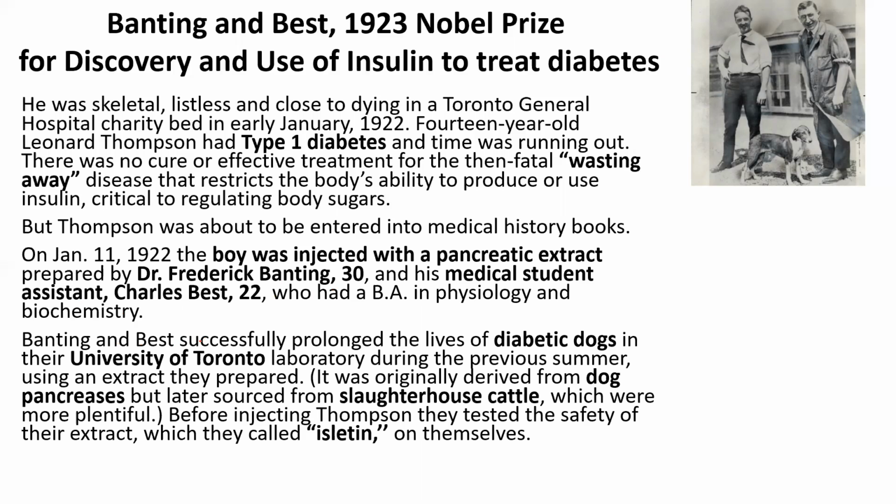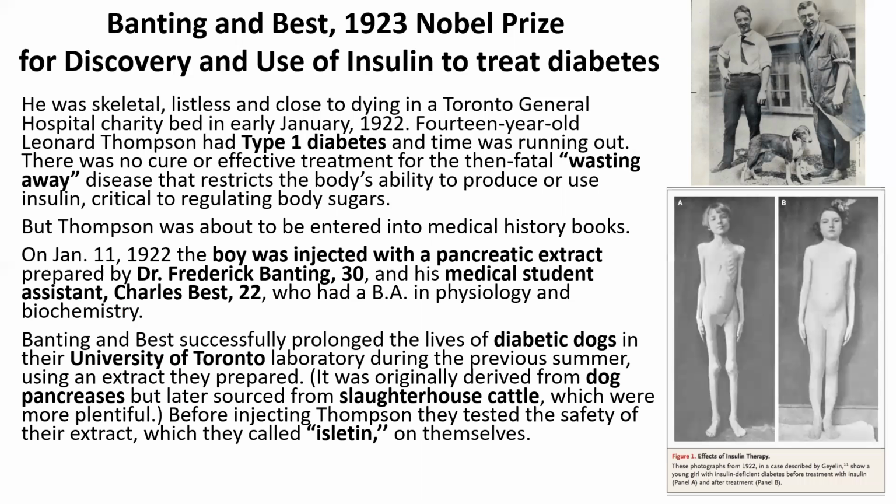Banting and Best successfully prolonged the lives of diabetic dogs at the University of Toronto, using extract they prepared. It was originally derived from the dog pancreas, but later sourced from slaughterhouse cattle, which were more plentiful. Before injecting Thompson, they tested the safety of the extract, which they called isletin. Now, take a look at this girl here. This was taken around the same time.